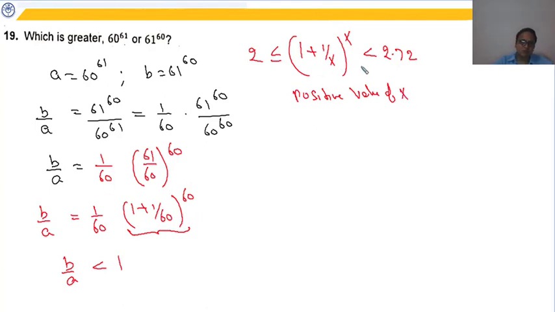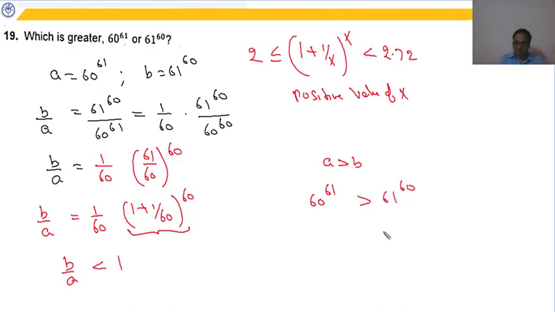Its value lies between 2 and 2.7. So if this value is 2 or any value up to 2.72, divided by 60, it is less than 1. That means B by A is less than 1. That says A is greater than B. That means 60 to the power 61 is greater than 61 to the power 60.